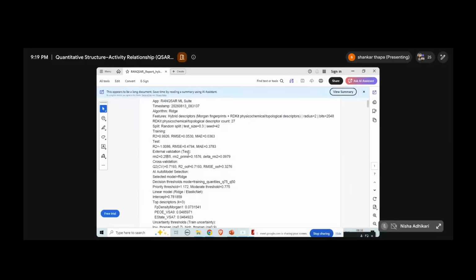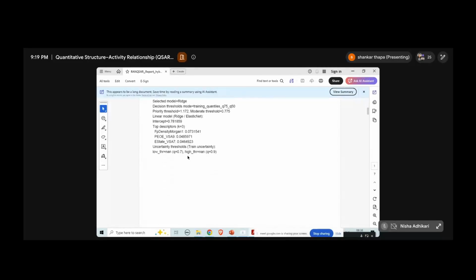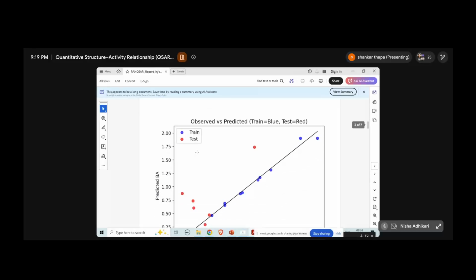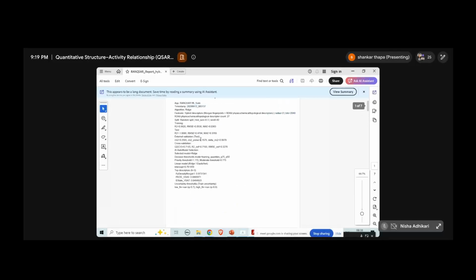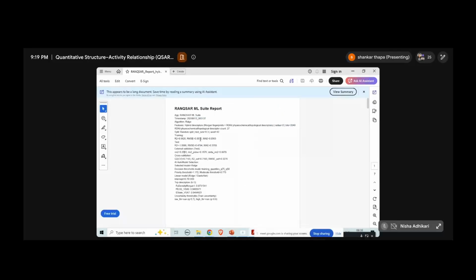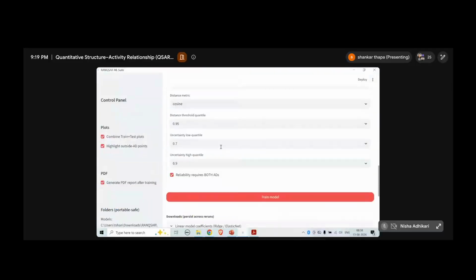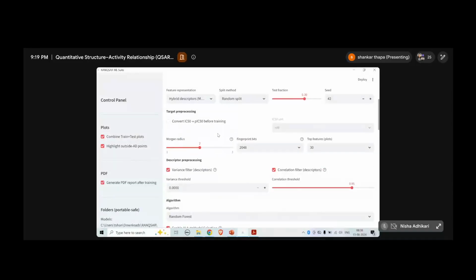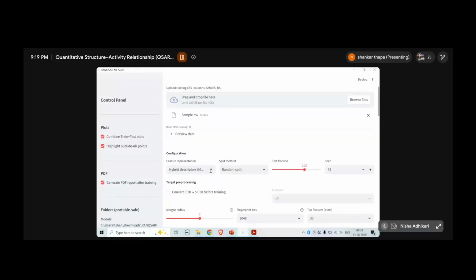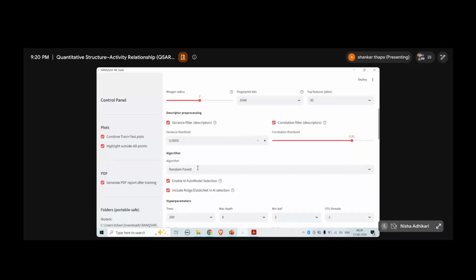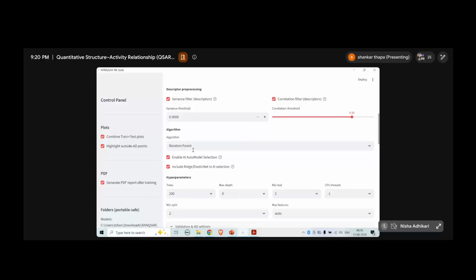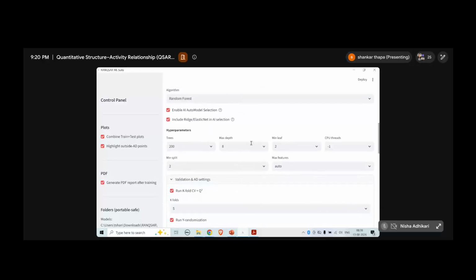If all these parameters are matching with OECD guidelines, then you can select that model for predictions. If some of the parameters are not matching the OECD guidelines, what you have to do is go back to our software and change any one parameter, either the descriptor, you have to choose only one descriptor, or change the algorithm, these different algorithm models, or any of these parameters.